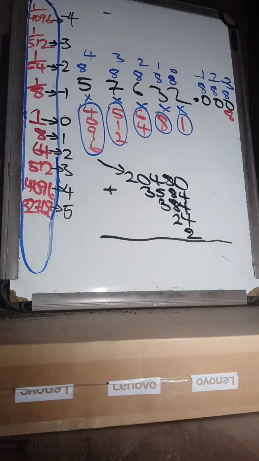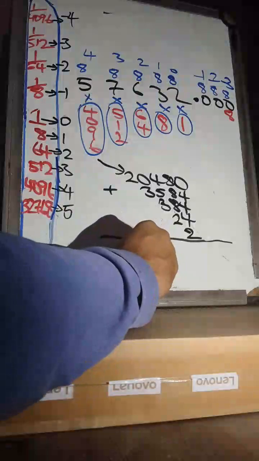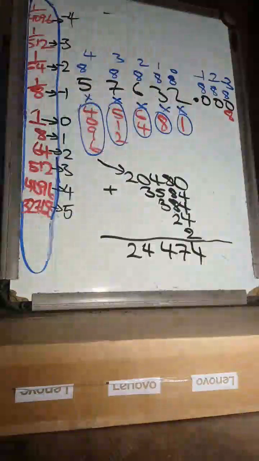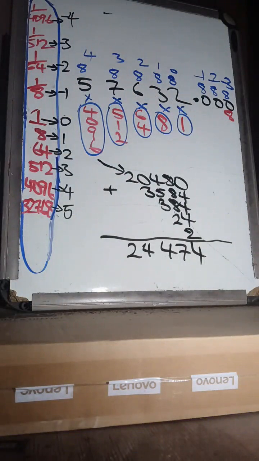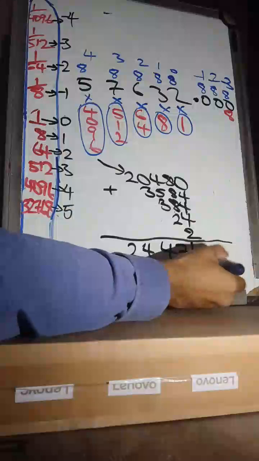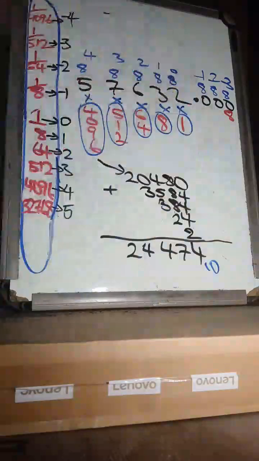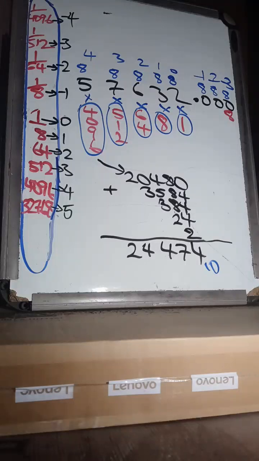So in total now we have 24,474. So that's what that would be in base 10. So you see, it's clearly a lot easier when you have the whole numbers to work with.